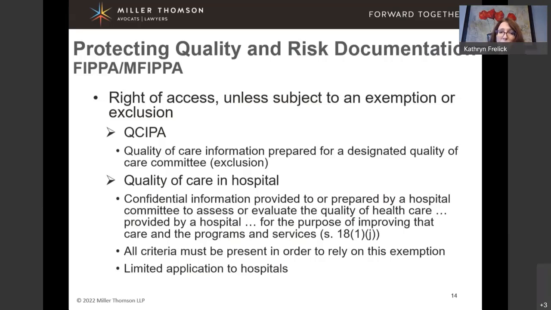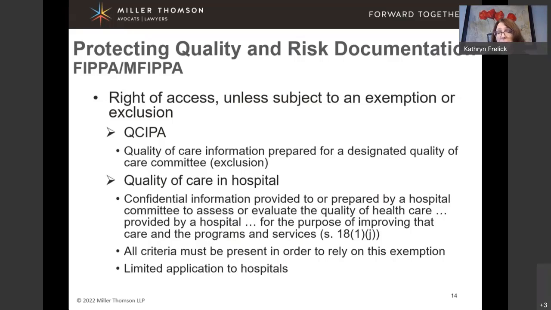Similarly, there is a quality of care exemption for hospitals. This was a late addition to FIPPA when it became applicable to hospitals in 2012.